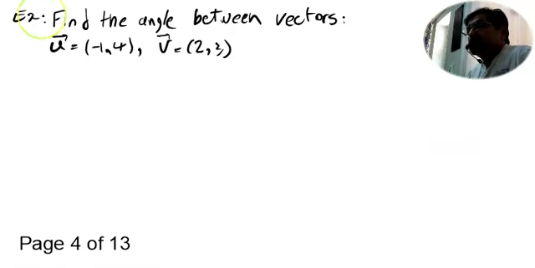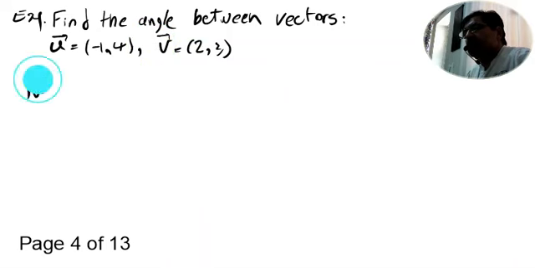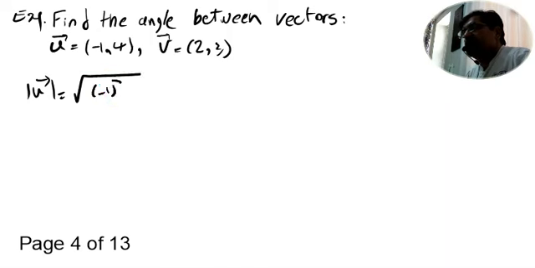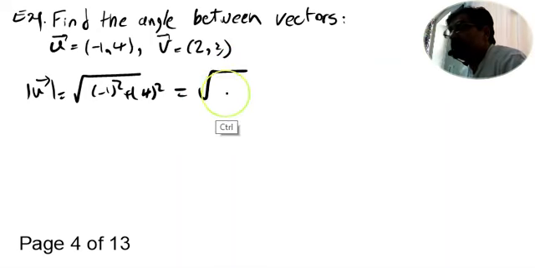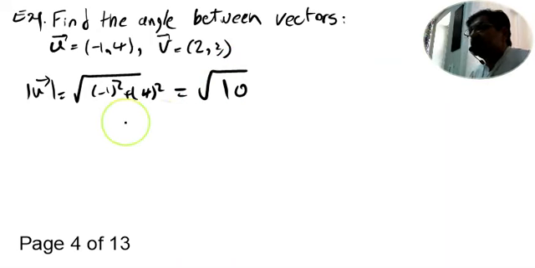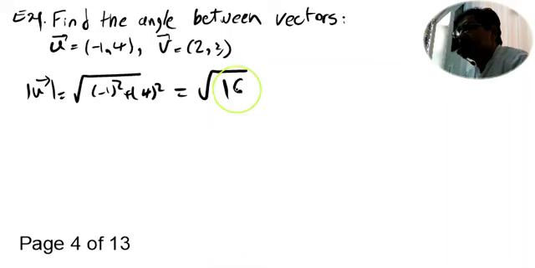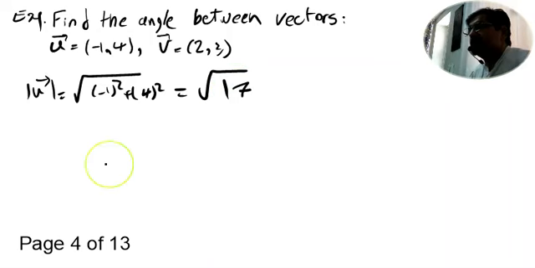Example 1. Find the angle between vectors U and V. Okay, norm of U is square root of minus 1 square plus 4 square, that is square root of 10. Sorry, square root of 17.